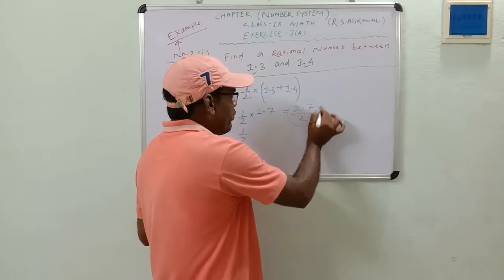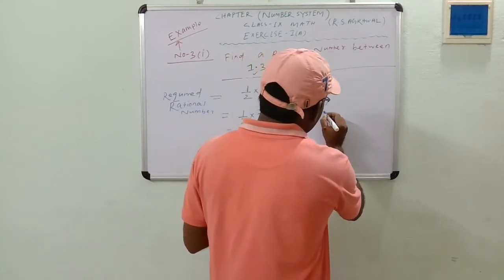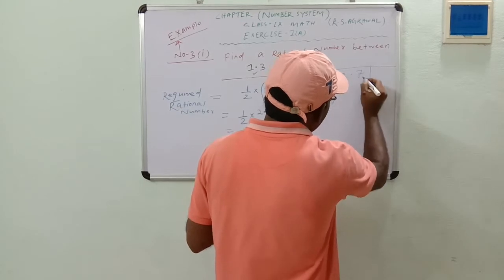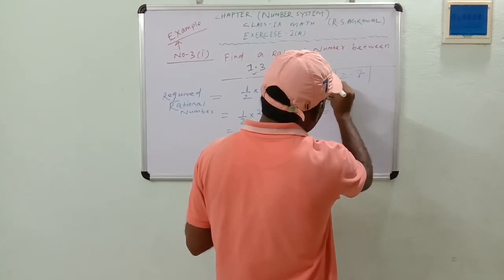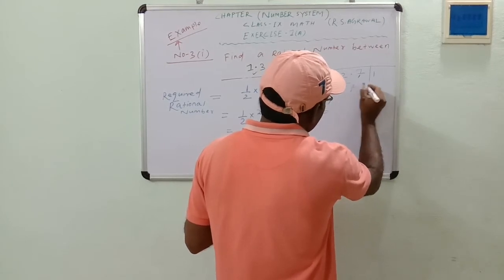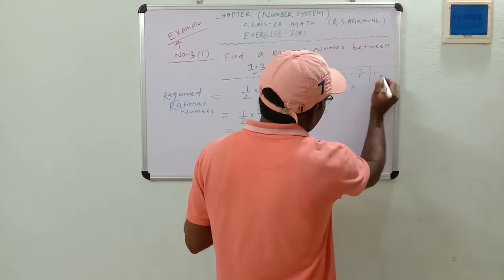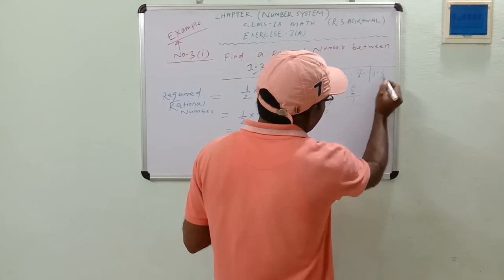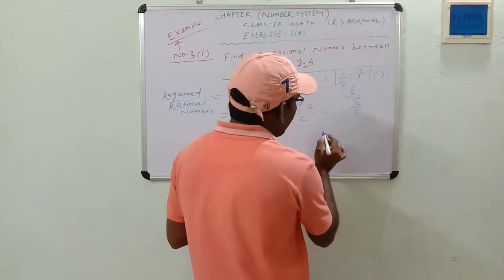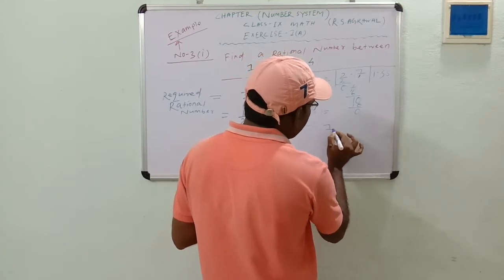It is in complex form, so simplify it by dividing 2.7 by 2. So finally you get 1.35.